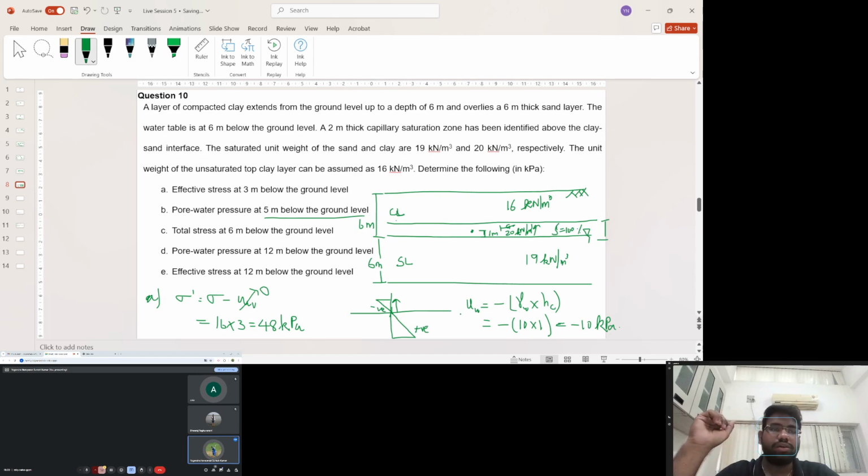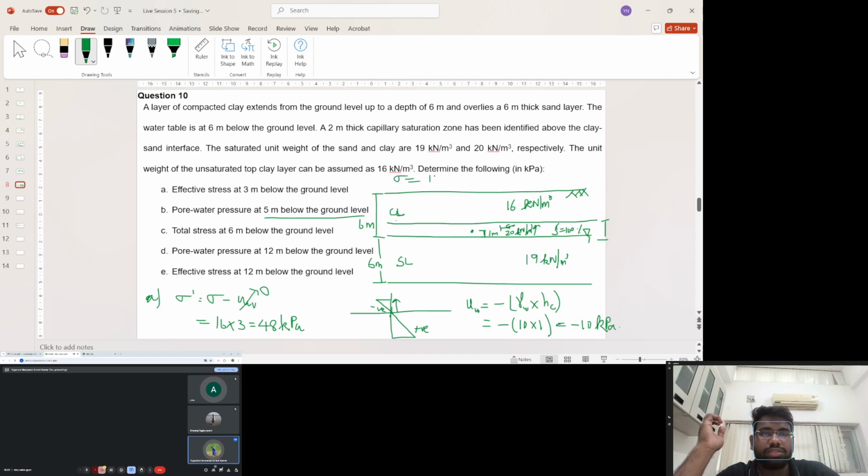All right. Now coming to the third question. Total stress at 6 meters below the ground level. Total stress at 6 meters below the ground level. You need direct total stress.